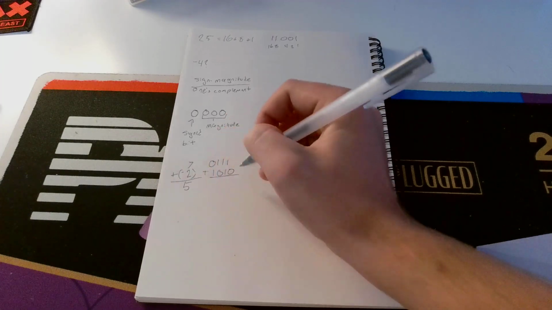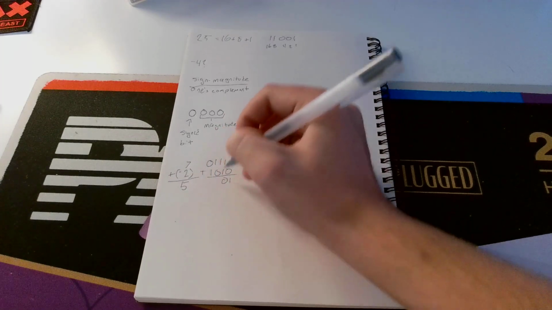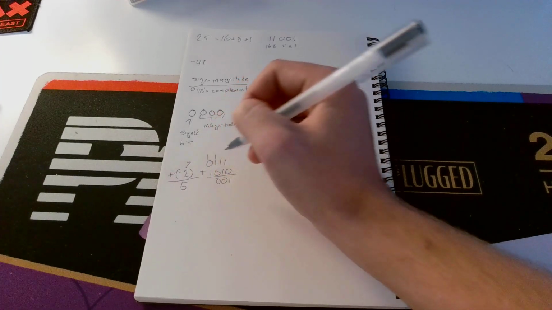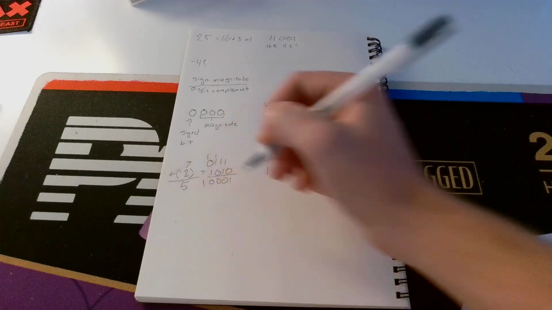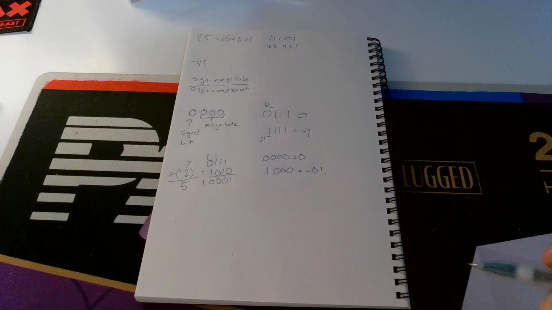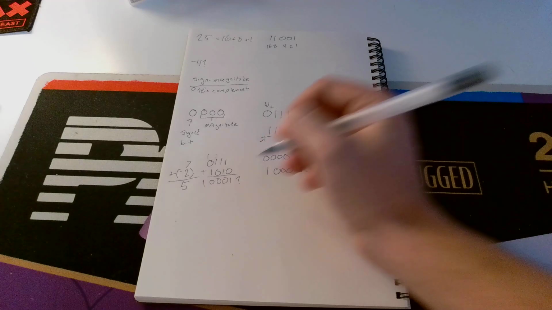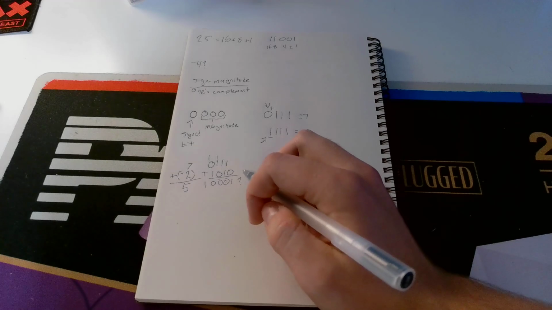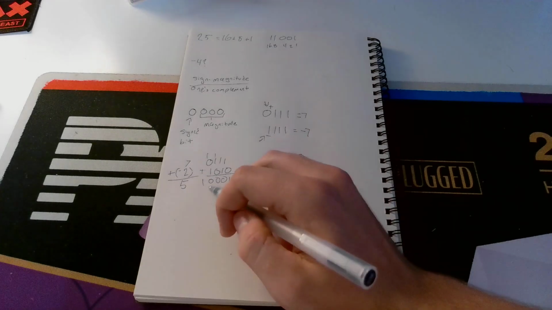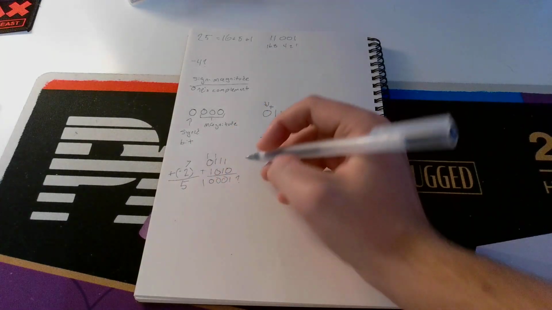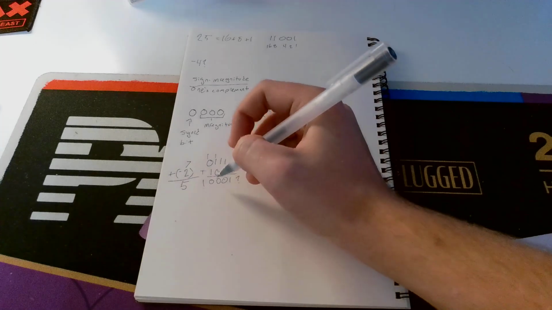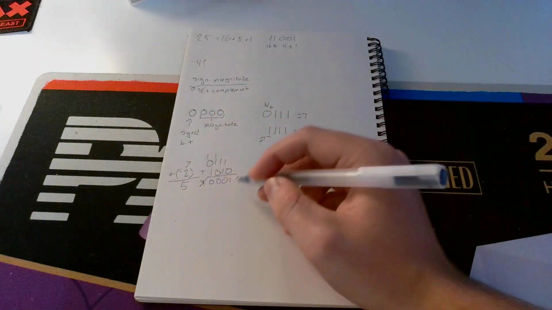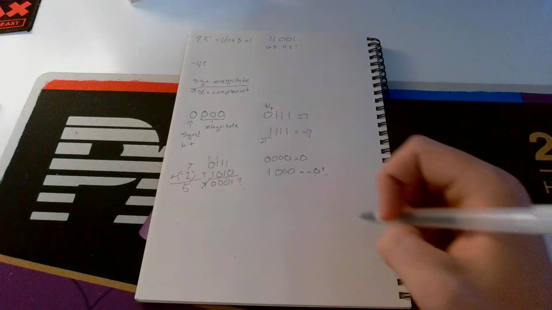If we add these together, 1, 0, carry the 1, 0, carry the 1, 0, carry the 1, we get 1, 0, 0, 0, 1. That is not 5. So the answer to 7 minus 2 is equal to this, and not 5. And remember, we're only working with 4 bits here, so we can ignore this little overflow bit. So 7 minus 2 is 1?